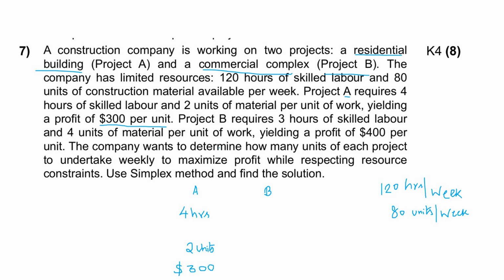Okay. Then project B requires 3 hours of skilled labor. Project B is nothing but the commercial complex. And finally, project B has 4 units of material per unit of work, so it requires 4 units.